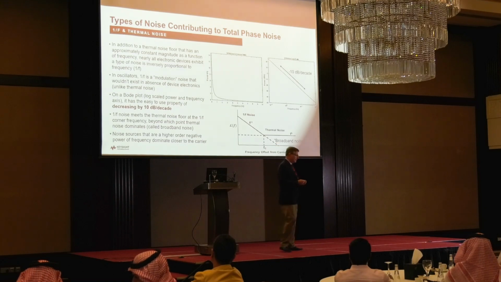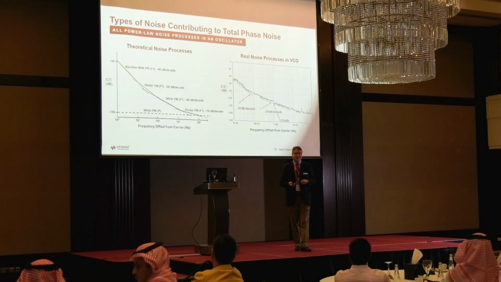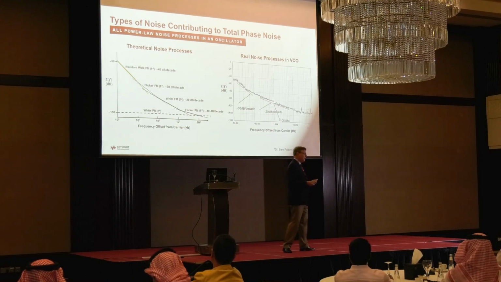So you'll see a little later on that most of our displays of phase noise have some 1/f component associated with them. There are different types of transistors, so there are additional types of noise depending whether it's a BJT or a FET or other types of topologies.